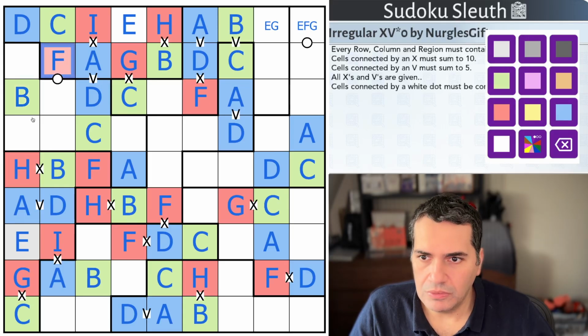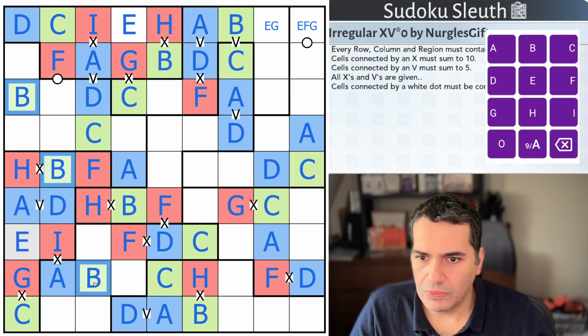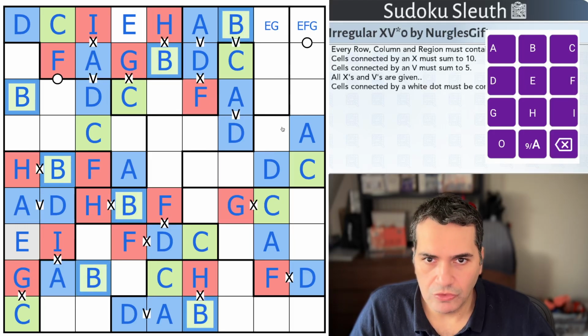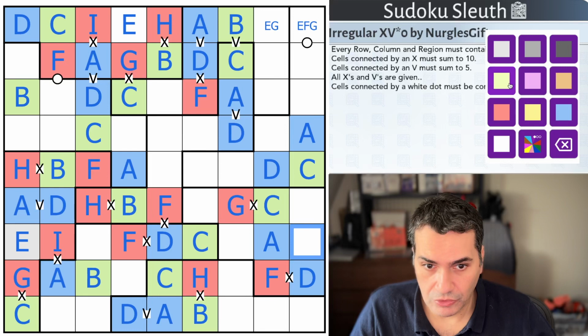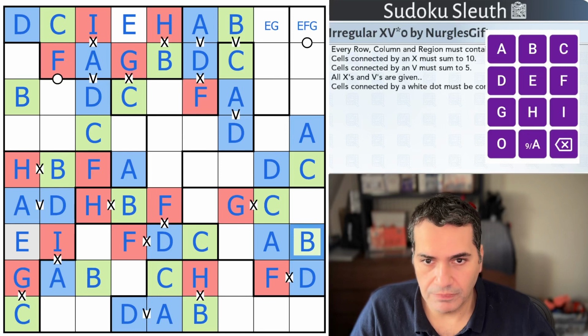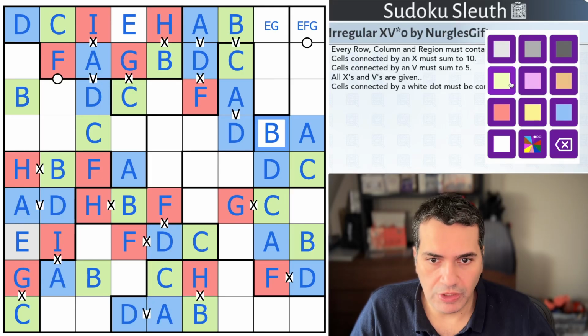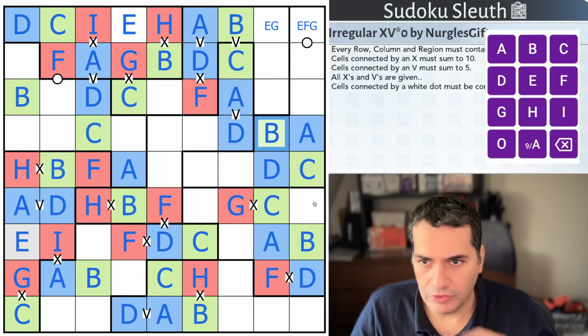And it's looking good. 1, 2, 3, 4, 5, 6, 7. So in these columns, we need 8 and 9. And I'm looking at this row and thinking there's only one spot for a B, which is in here. Then I'm going to be left with one more spot, which is there, and that's all of my low digits.